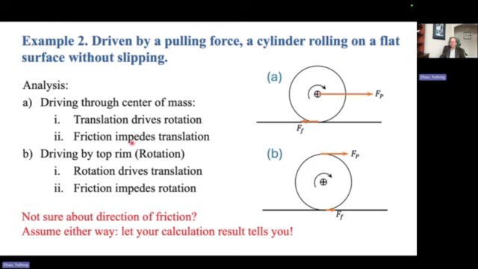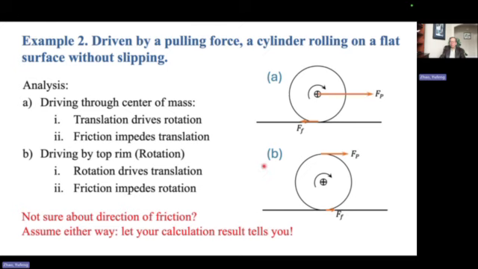That's why friction impedes the translation, so the friction must be going backward. It impedes the translation because translation is the driving force, and it drives the rotation going forward. So that makes the rolling consistent with the translational motion.